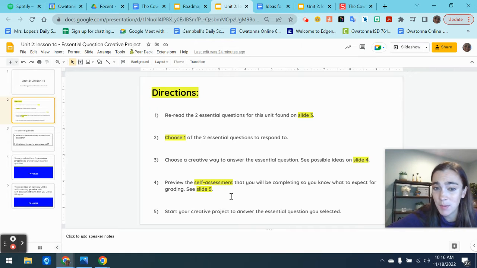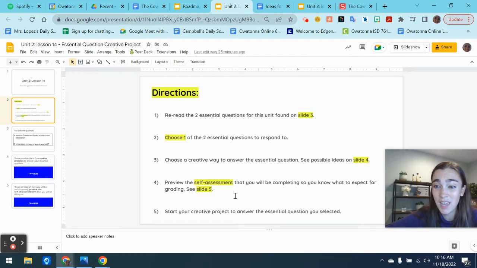Preview the self-assessment that you will be completing so you know what to expect for grading. See slide 5. You will be using the self-assessment to grade yourself, and then I will be using the same type of form, and we'll see if we're on the same page as far as a grade for your creative product.